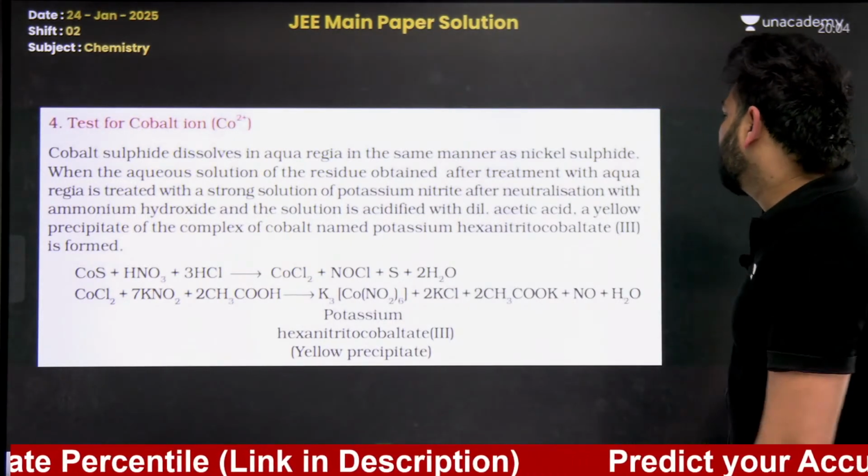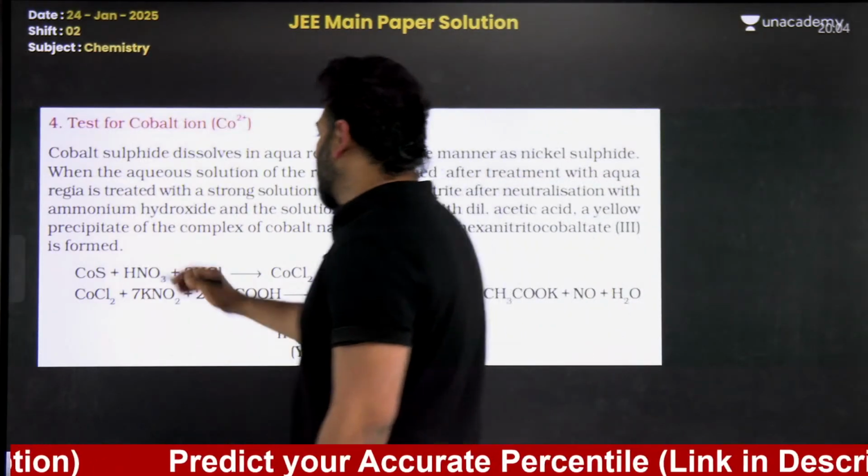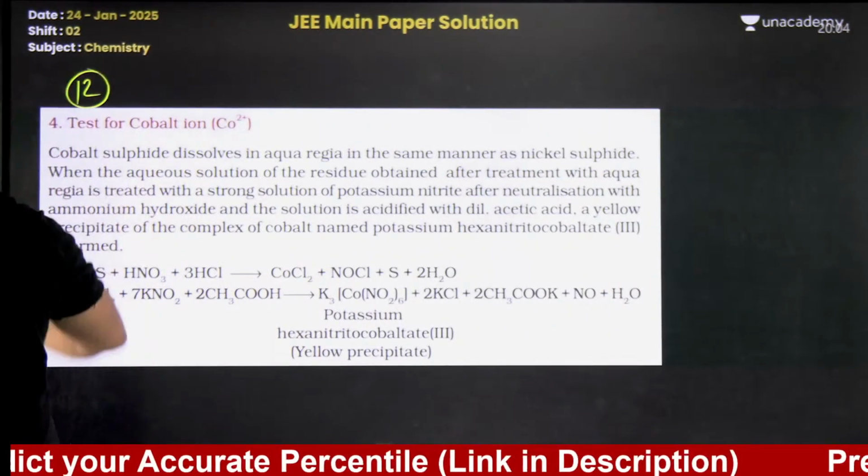What is this question, by the way? Okay, so we had one more question here. This is your 12th question, and this kind of question was asked, guys, I remember.